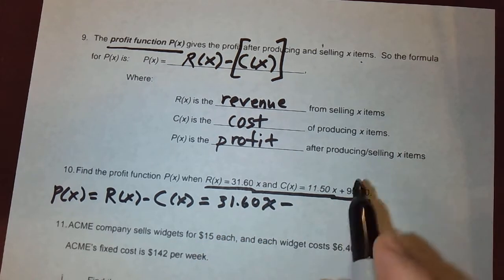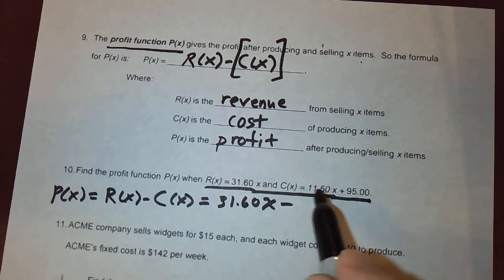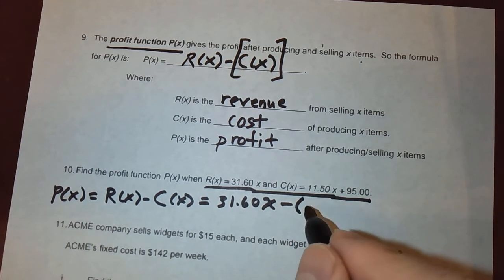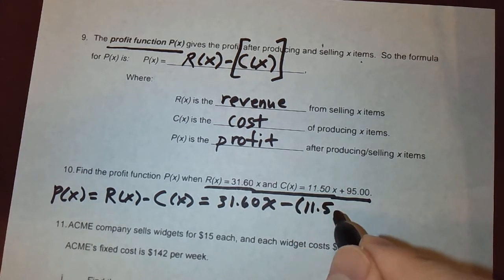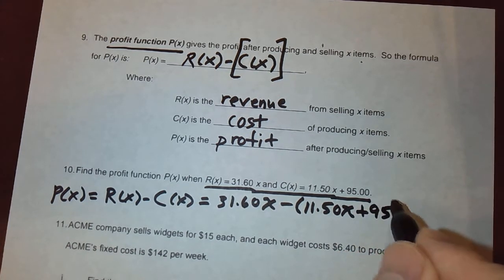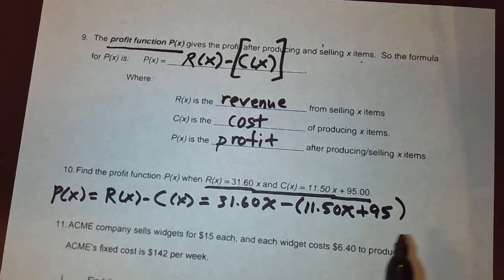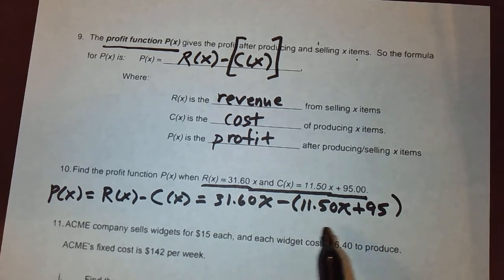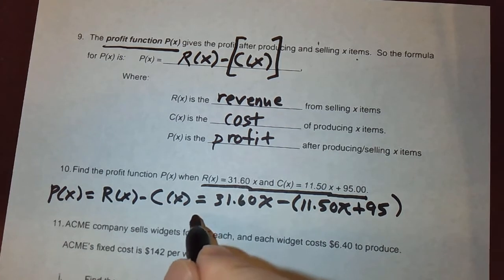So for us, this will be R of X, which is 31.60x minus this right here. So I have to put it in parentheses, 11.50x plus 95. I left off the 0.00 on the $95. So remember, this is really going to be a minus 11.50x minus 95 when we do the distributing.